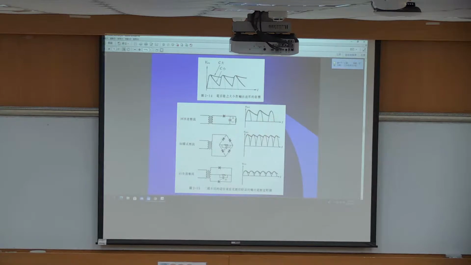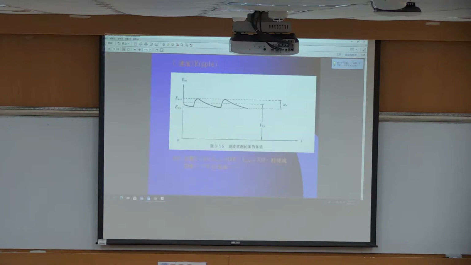There we can see the half wave, full wave, and the bridge rectifier. You can see the magnitude of the bridge rectifier is much smaller than the full wave rectifier because two diodes conduct at the same time. So this is the ripple we have talked about before.